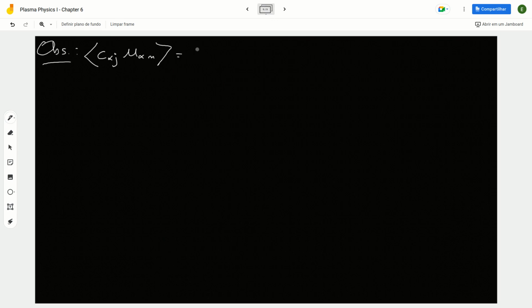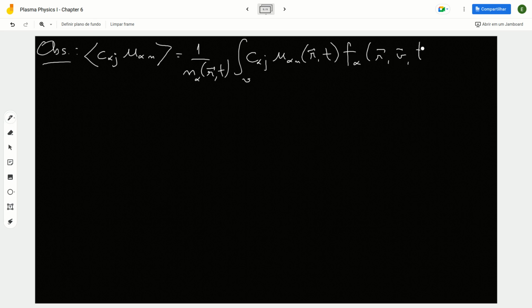So by definition, this is 1 over n alpha RT times the integral in V of C alpha j U alpha n, times the distribution function f of R, V, T, d3v.